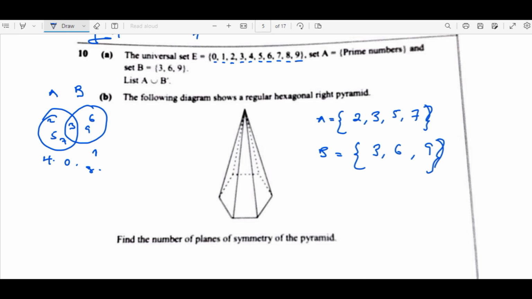These numbers outside sets A and B are part of the universal set. So the question is A union B complement.